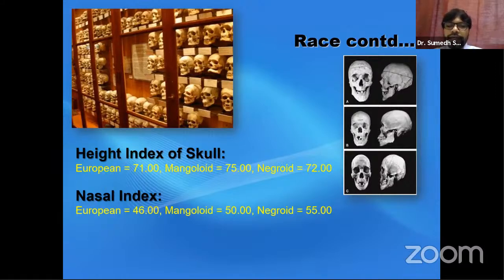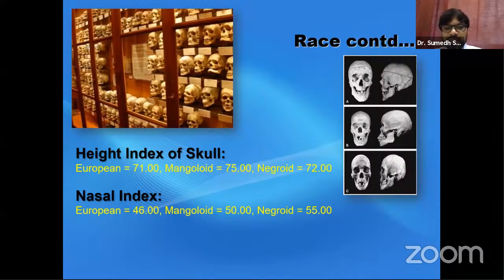This nasal index is again important because it is the most distinguishing feature of the face. So you can easily distinguish between Negroid individuals or European individuals. On this basis, the noses can be categorized as hyperchamaerrhine, chamaerrhine, then medium-sized noses, then leptorrhine, or narrow noses, or hyperleptorrhine noses, that is very narrow noses.